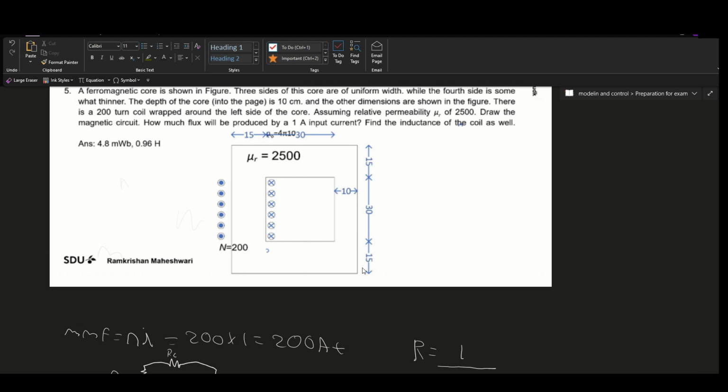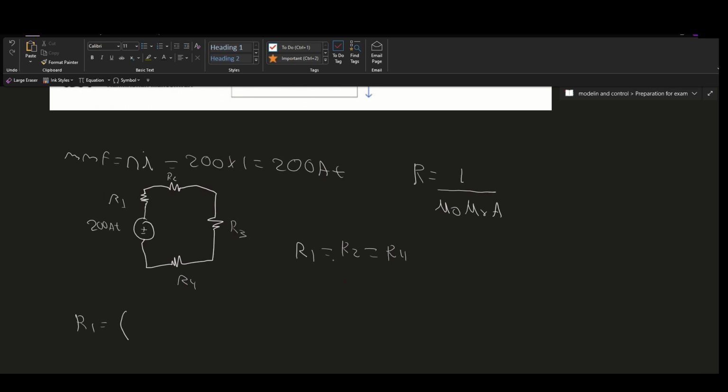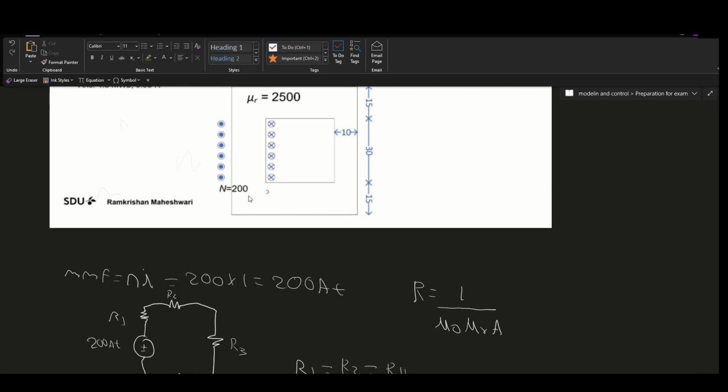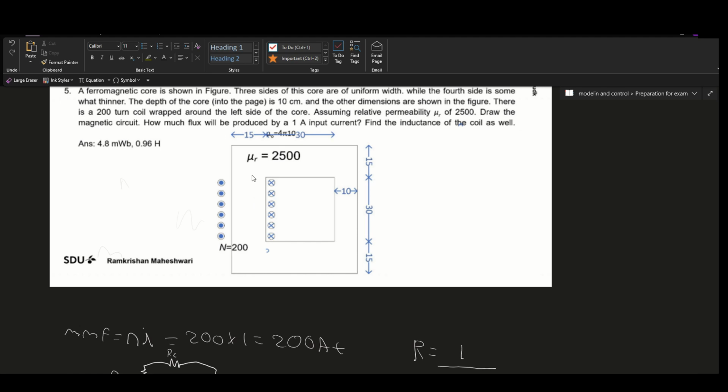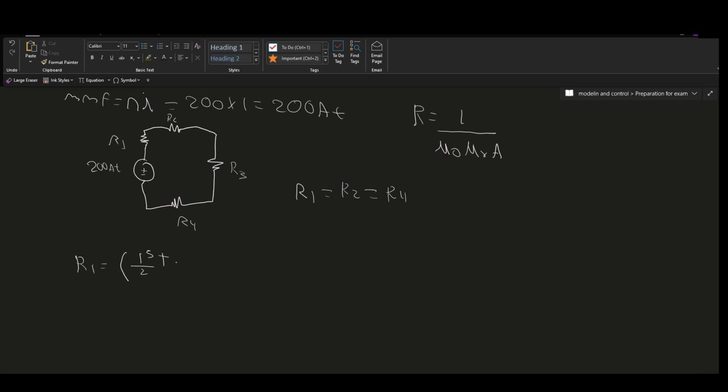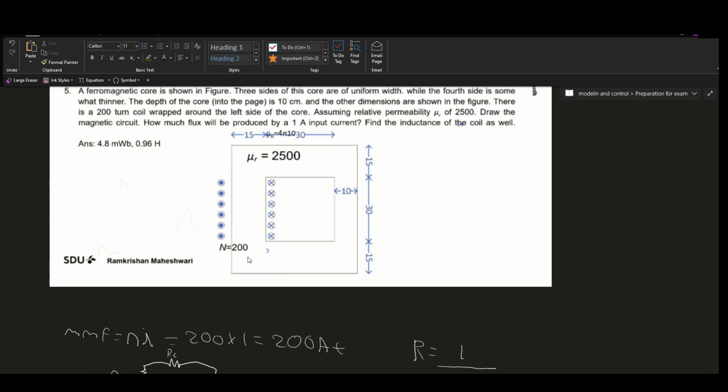So we have half of 15, then it will travel all the 30 centimeters, and again another half of 15. So it will go from here all this way, and then half, and then it will turn here. Remember, we're doing this because we're talking about the mean path, the average that it will travel.